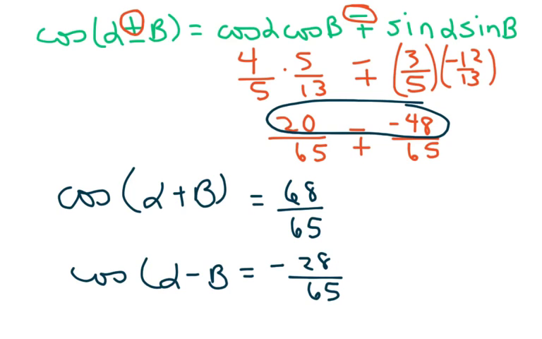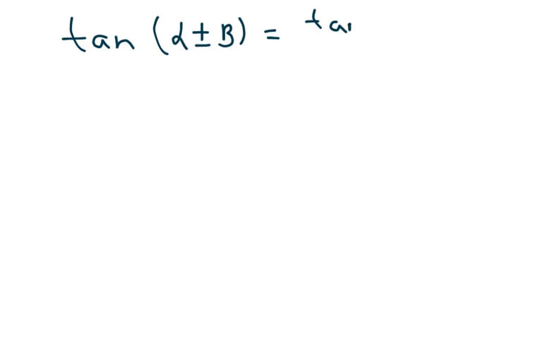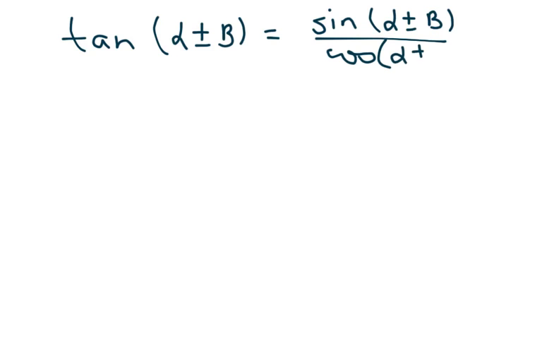Okay, and then we're going to do tangent. In this case, the way we're going to do tangent is tangent of alpha plus or minus beta equals sine of alpha plus or minus beta over cosine of alpha plus or minus beta.